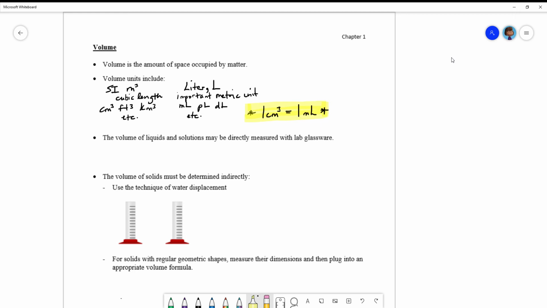Now, what about other volume units? Of course, there are other units. Well, the other units out there for volume would be typically units that you use in your everyday life, but we're going to use very rarely in our chemistry course. And they might include units such as, say, gallons, or quarts, or pints.